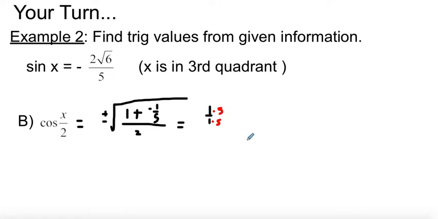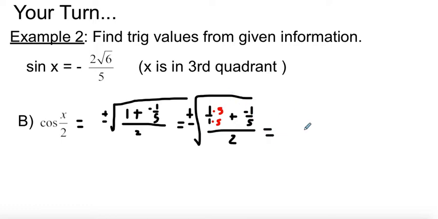And then plus negative 1/5, divided by 2. And take the square root of that, the whole thing, and don't forget plus or minus, unless you've already figured that out. So 5 plus a negative 1 up there in the numerator is 4/5.